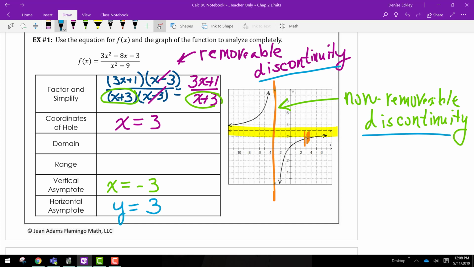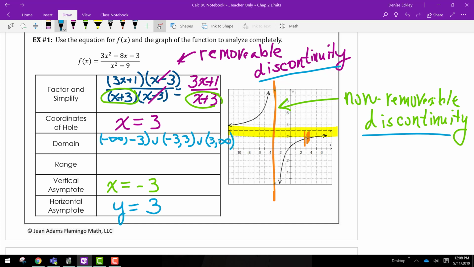So writing this in interval form, we go from -infinity to our non-removable discontinuity, which is -3. And we're going to join that with going from -3 to our removable discontinuity, which is at 3. And we're going to join that with 3 to infinity.